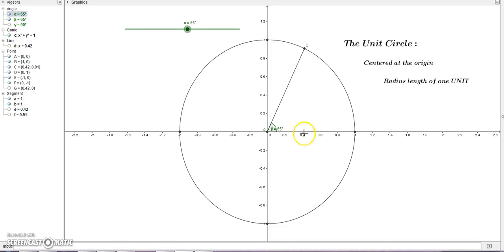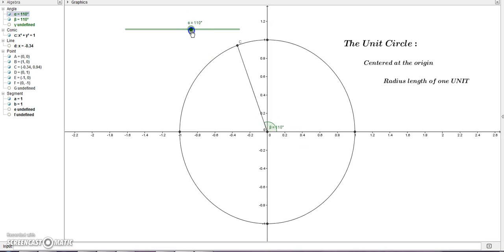And just some more terminology, this side right here that is being fixed is called the initial side. And the side that is basically the end point of the angle is called the terminal side. So the terminal side is the end of the angle, you know, terminator, the end. And the initial side is where it starts.